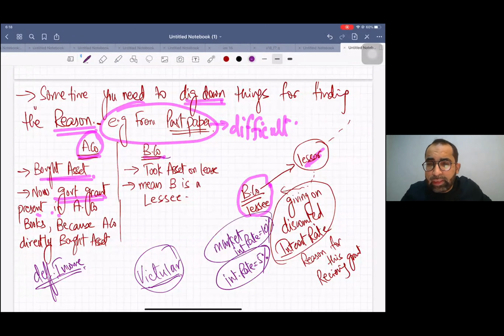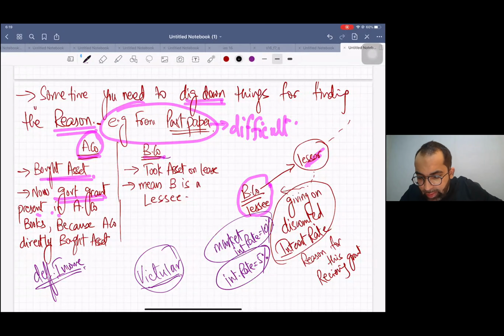Again, I repeat, in the question it is written that the market interest rate is 10%, but the lessor is just charging 5% from us. So a student can think, why is the lessor giving a discount? Why is the lessor giving us a discount in the interest rate? There may be one reason for this. Listen to the reason.